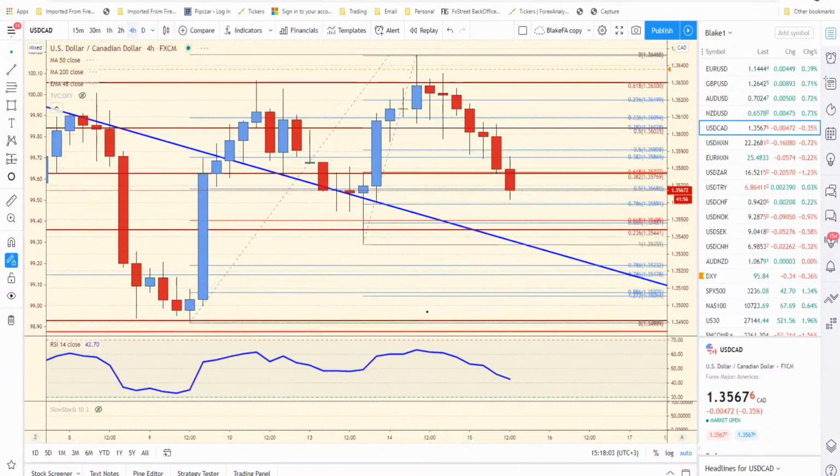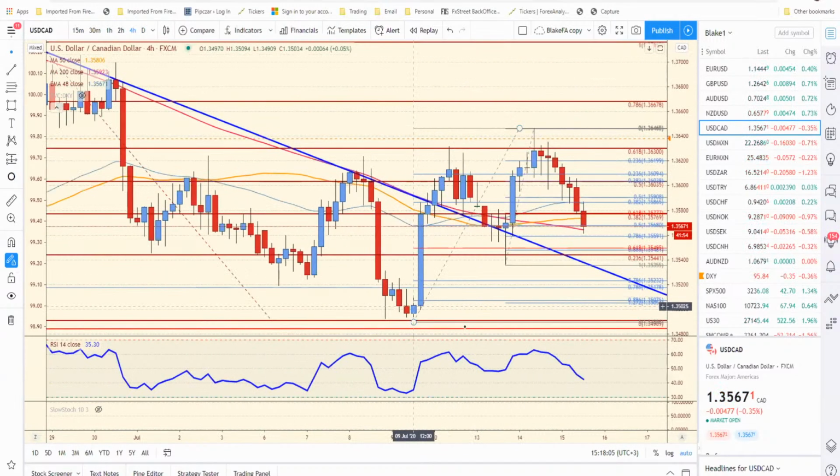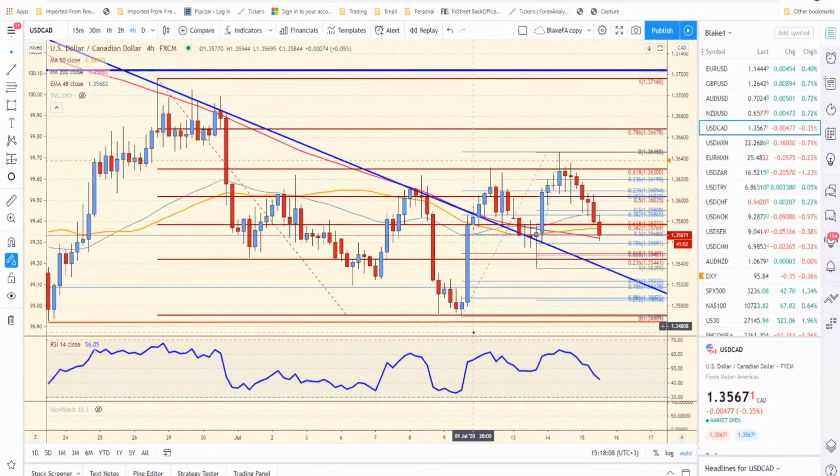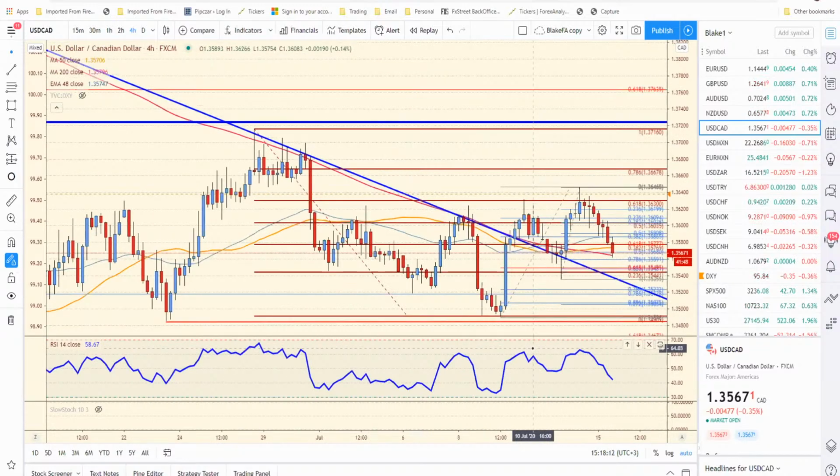This is the one currency pair that should have you very, very careful with dollar strength, when you have this dollar Canadian that's just kind of not following through. That's not to say it won't follow through with dollar weakness. It should, but it's not, and so we've got to respect that.